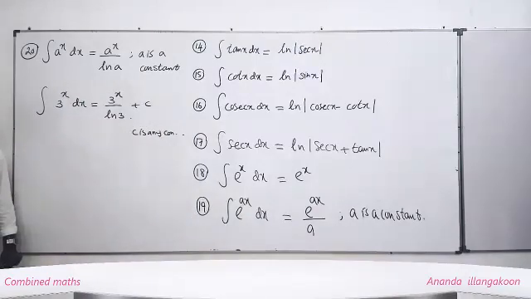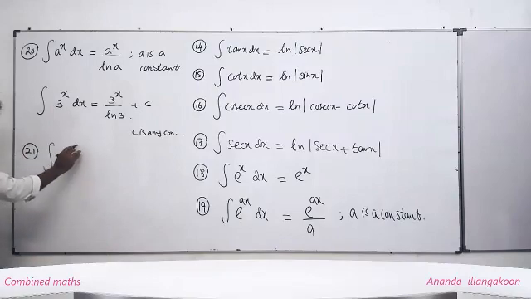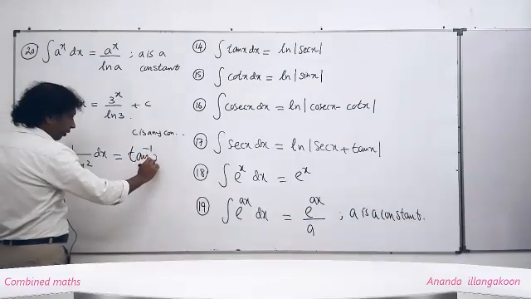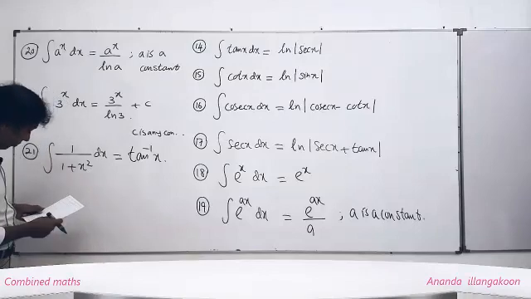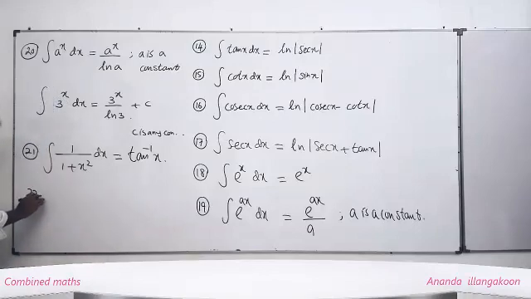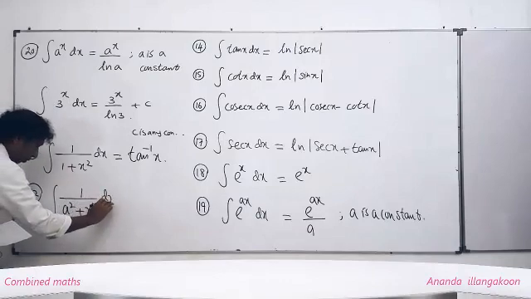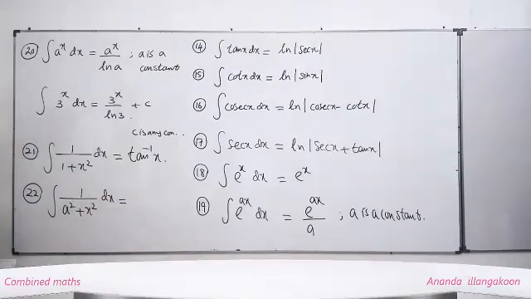Number 21, people, next. Integration of 1 upon 1 plus x squared. This is really tan inverse x. Tan inverse x, number 21. Number 22. 1 upon a squared plus x squared dx.